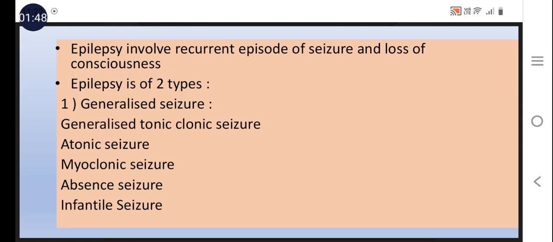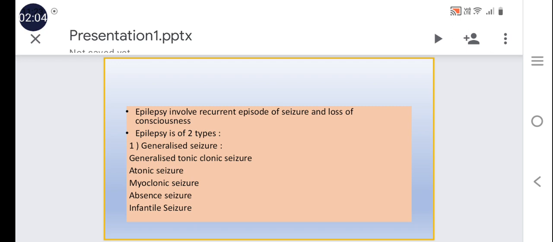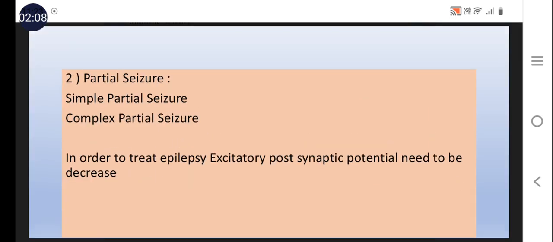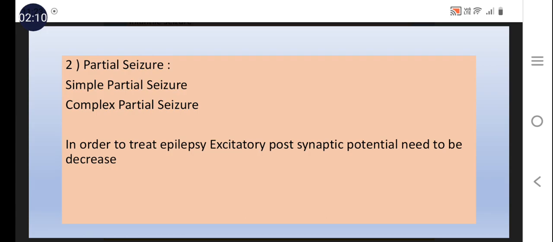Absence seizure is associated with T-type calcium channel. Infantile seizures are found in infants and neonates. The next type of epilepsy is partial seizure, which is of two types: simple partial seizure and complex partial seizure.